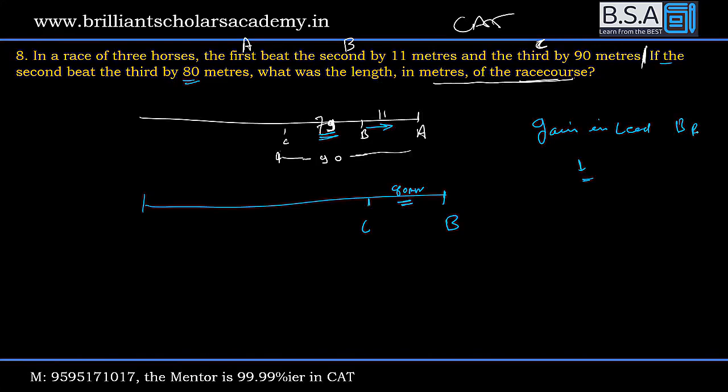B has to run 11 meters. So from the beginning, how many meters lead has B got? B has got a lead of 80. To get a lead of 80, how much must B have run earlier? 880 meters. There is your answer. The race length is 880 meters.